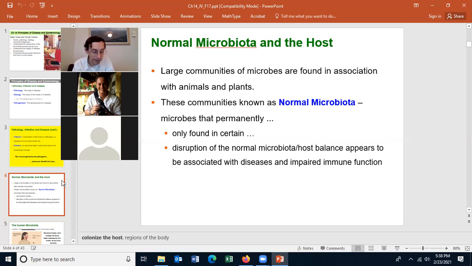On most patients, it reestablishes itself in less than a day. When I get diarrhea from taking antibiotics, it's usually one time and I have diarrhea for maybe half an hour or an hour. It's just a disruption of the normal microbiota and the host balance.